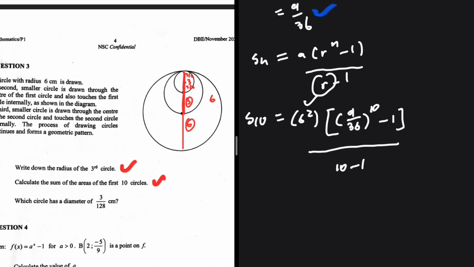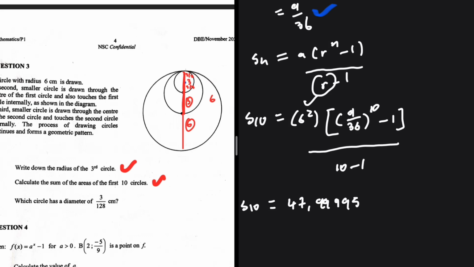So r is 9 over 36, and then we subtract 1, and then the answer is 47.99995 for S10.